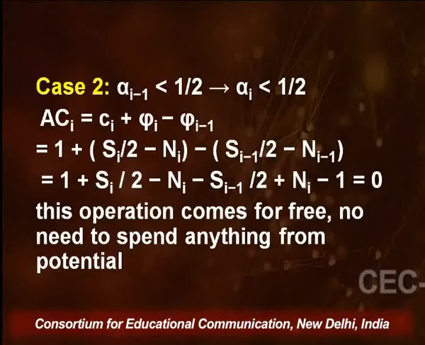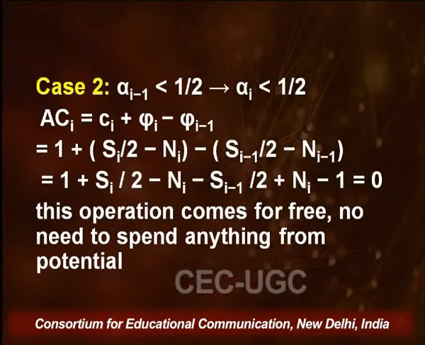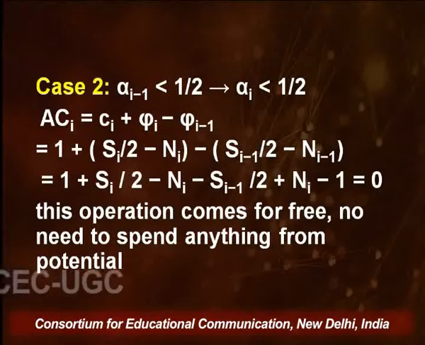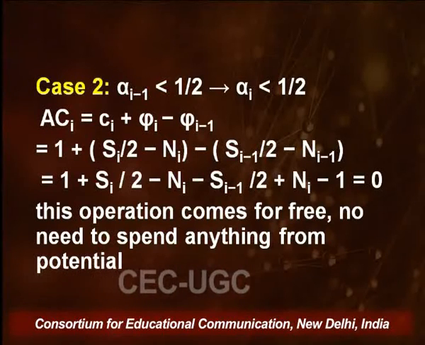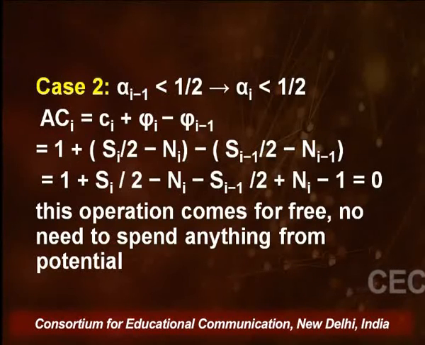Now we have two separate categories. When alpha i minus 1 is less than 1 by 2, that means before that particular insert operation my table is less than half full.